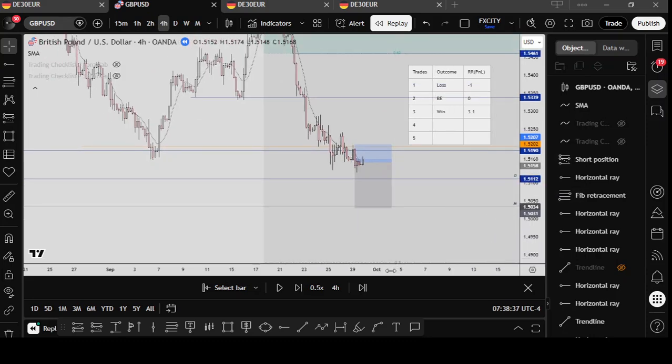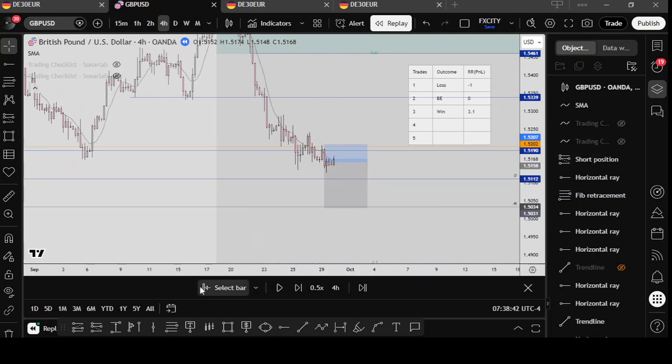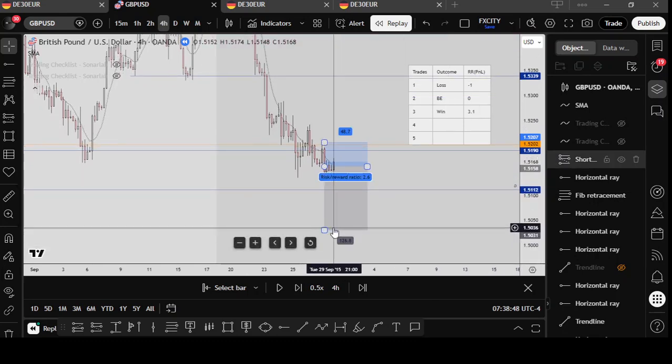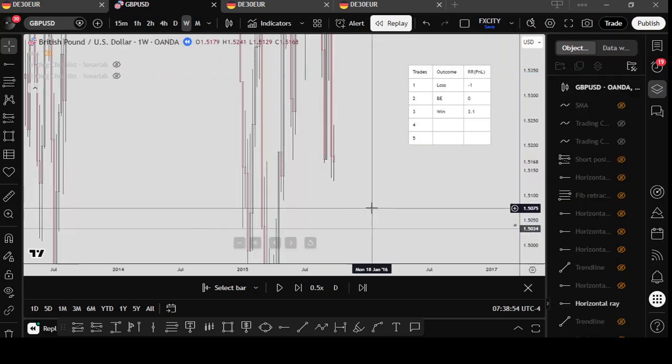So what we failed to recognize is that this is actually a new week. Right? We're actually in a new week, but still the setup is still valid, right? Even though we're in a new week, the setup is still valid, very, very much valid.